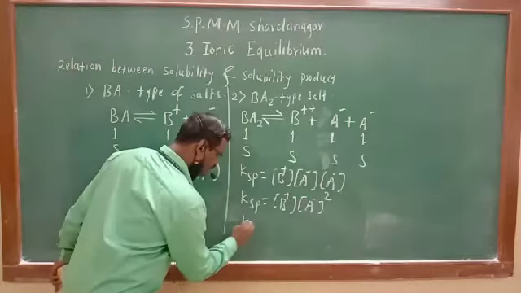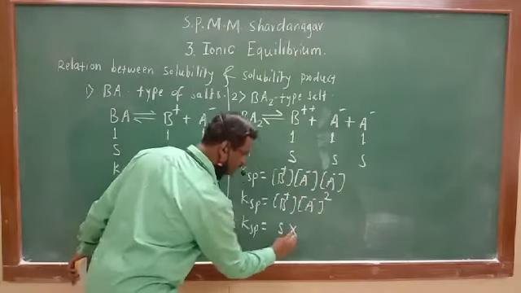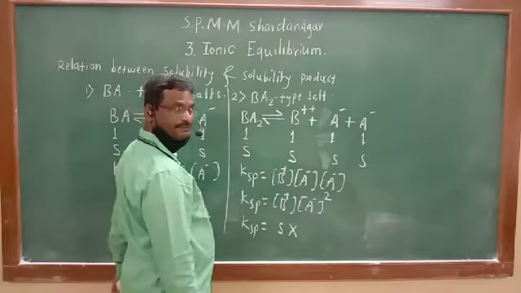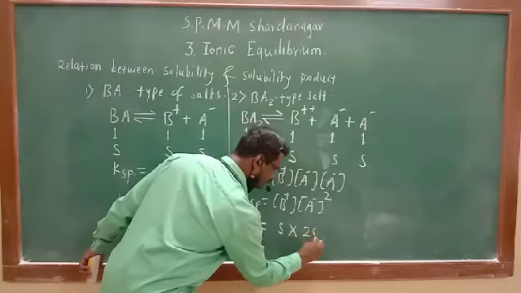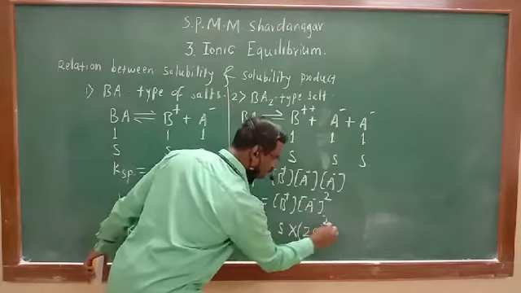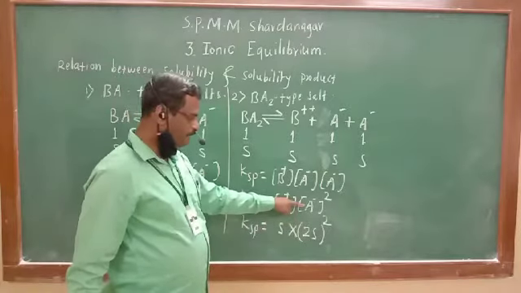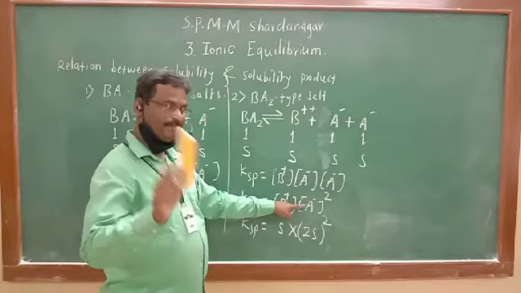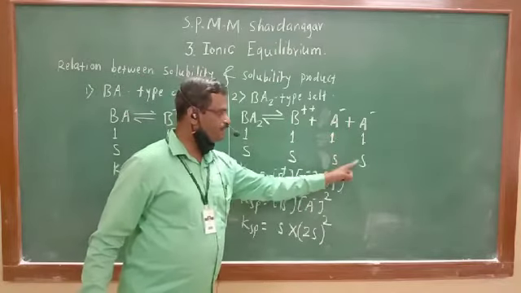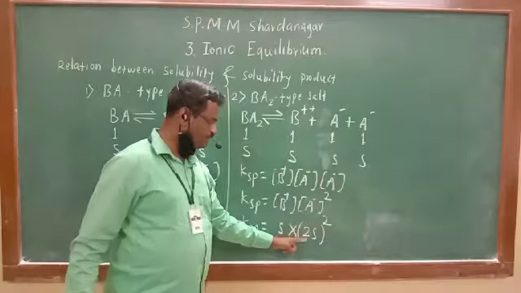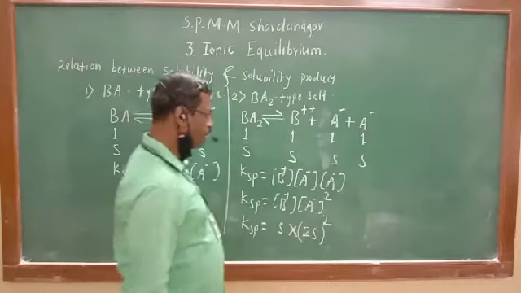So Ksp will be equal to B++ which is S multiplied by [A-], and how many A minus? 1 plus 1, 2A, 2S, and square. See, this is important. How many A minus are there? 2. Therefore it is S plus S, 2S, (2S) square.